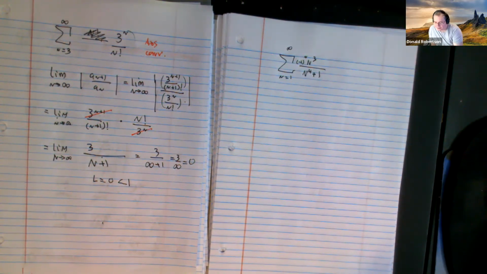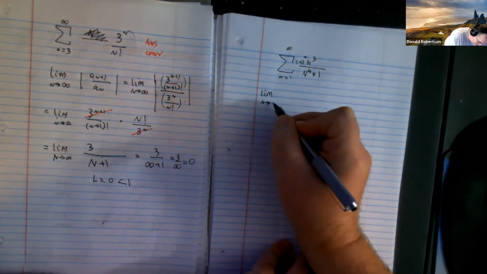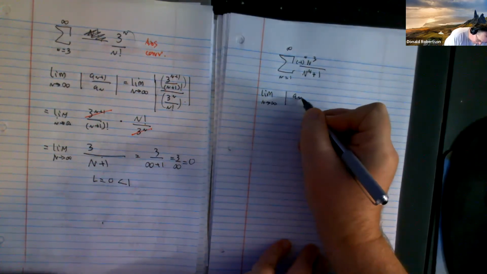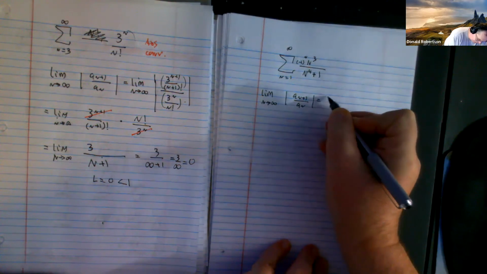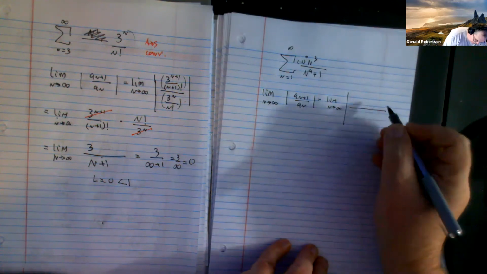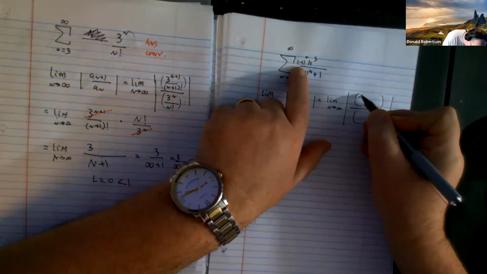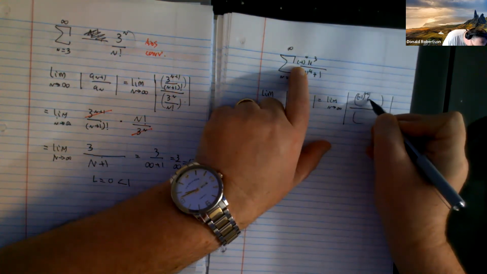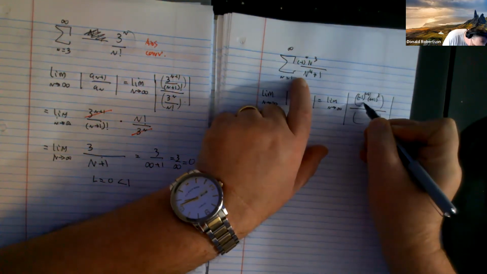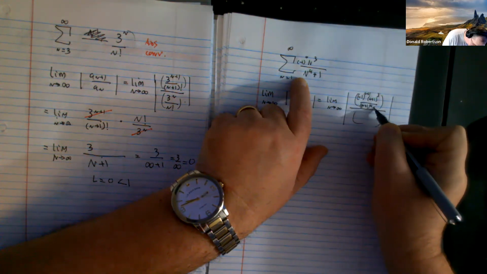Right? So this is one that you shouldn't do the ratio test on. It's not that you can't do it, but nothing good comes out of it. So it's going to be the limit as n tends to infinity. Okay, on the top, a big ugly fraction, on the bottom, another one. So it's going to be -1 to the n plus 1, n plus 1 cubed over n plus 1 to the 4 plus 1.